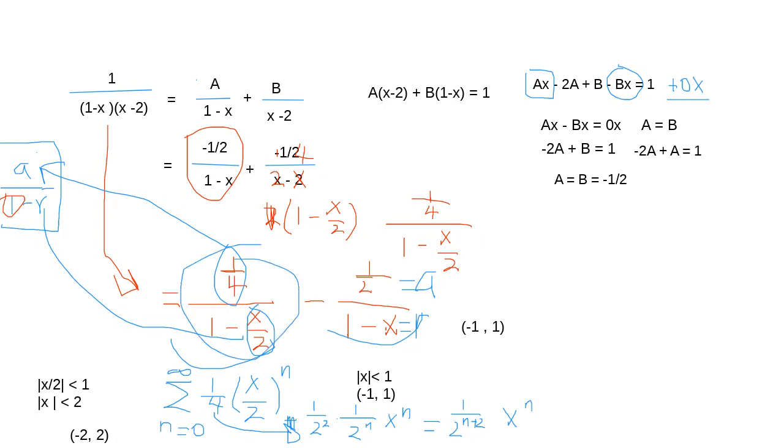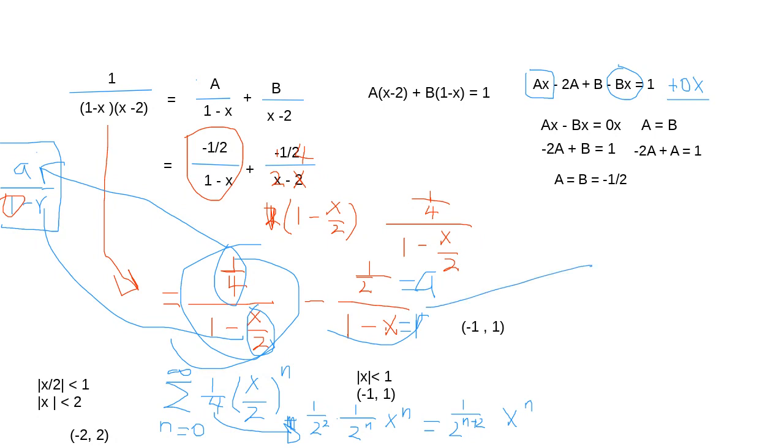So this one reads as the summation of infinitely many terms with 1 over 2 raised to n plus 2, x raised to n, for n starting from 0. Because for n starting from 0, we get the first term to be a quarter.